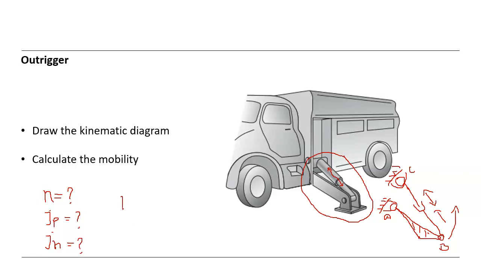So then we can write our equation. F is equal to 3 times (n minus 1), minus, sorry, 2 times, I made a mistake, 2 times the primary joints, and minus the higher order joints.